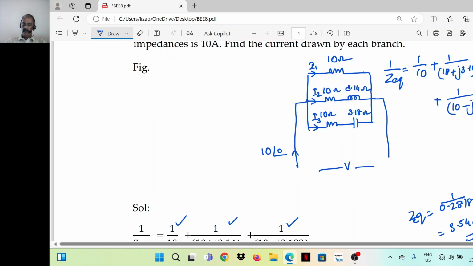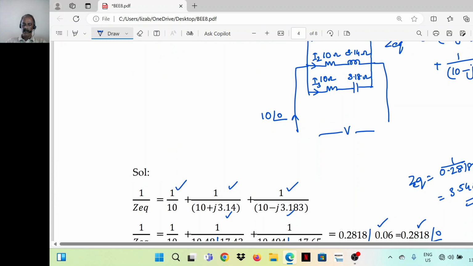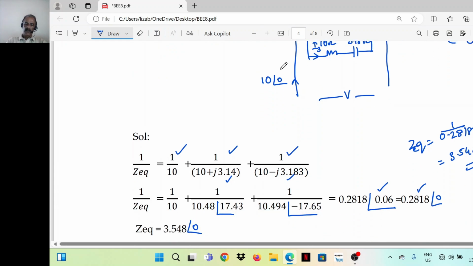So Z equivalent can be found out by this method, and voltage can be obtained by, so total current we know that is 10 angle 0. 10 angle 0 into Z equivalent will give you the voltage. So 10 angle 0 into Z equivalent is 3.548, so into 10, 35.48 angle 0.